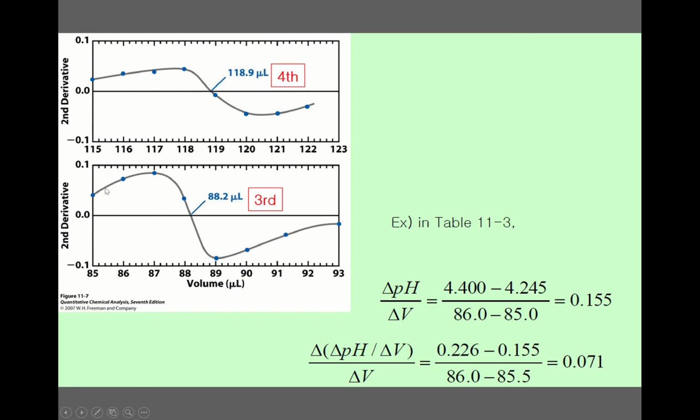But if you draw this curved line, it naturally crosses this zero line. You read from this graph, and this zero is at 88.2 microliters. That's the first end point or equivalence point.